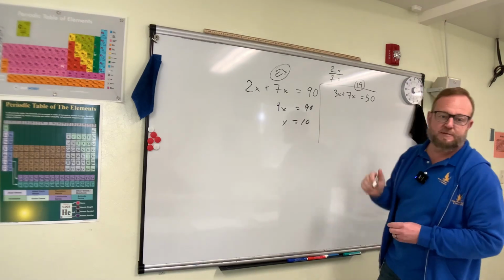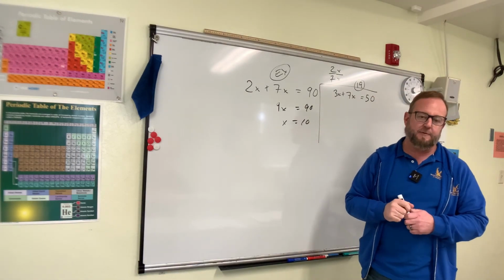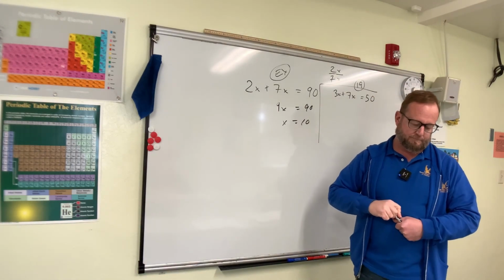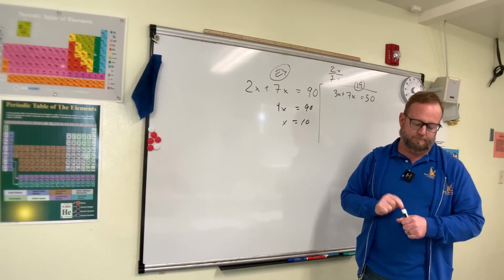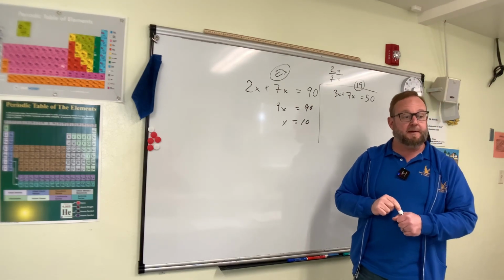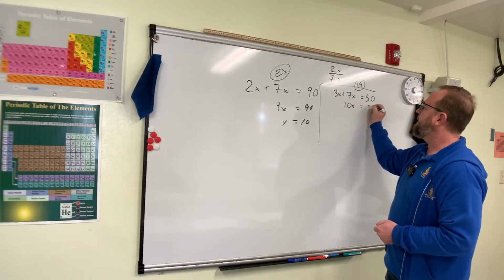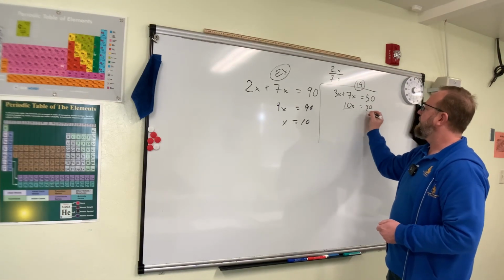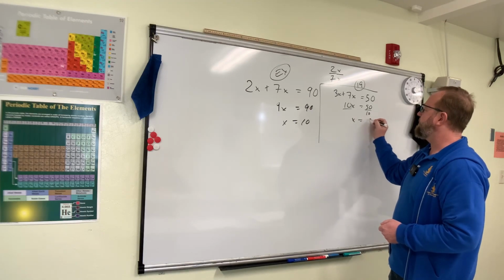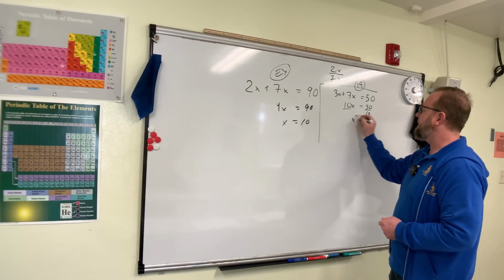See how I got this equation from what they gave you? What's my next step? I combine these to get 10x equals 50, and divide by 10 and get x is equal to 5.